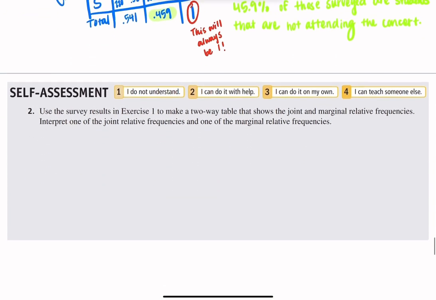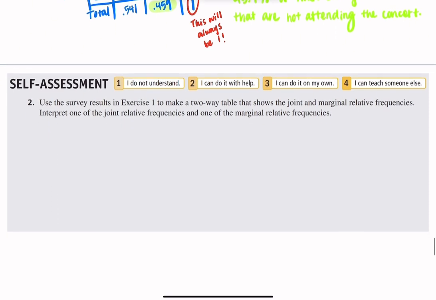All right, for the self-assessment, don't do number 3, I just want you to do number 2. So pause the video and take about 5 minutes to do number 2. All right, so number 2, we would set up our table just like we used in exercise 1 from the self-assessment.